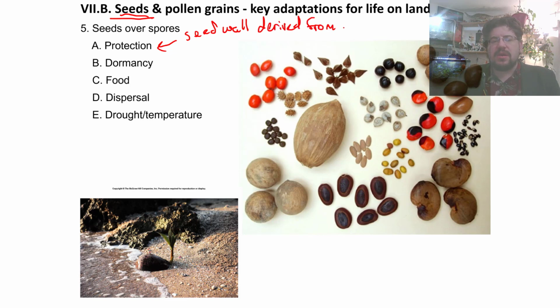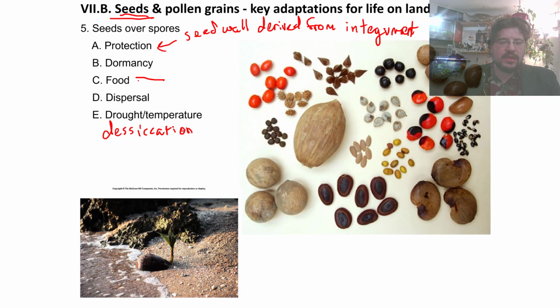And the big advantage here is that spore walls are generally about a single cell thick, whereas a seed wall derived from sporocyte tissue, the integument, is much thicker, right? So it's thicker, which means it's better able to resist drying out. So it is much better able to resist desiccation than spores. It can last longer than spores before drying out, which is really nice.